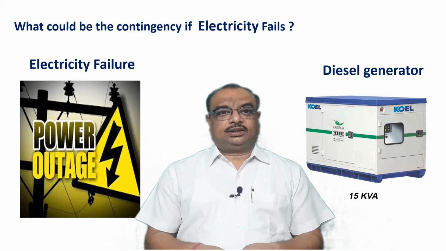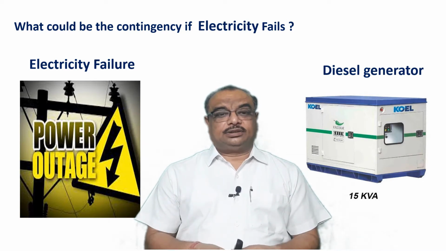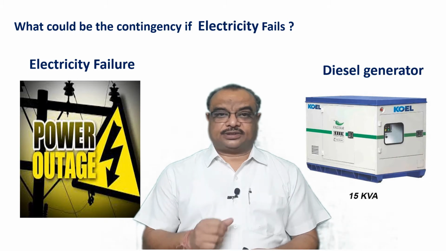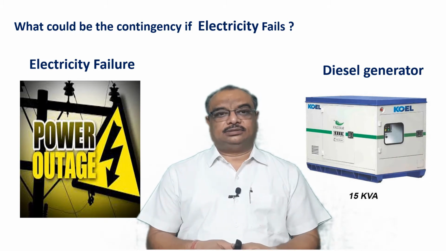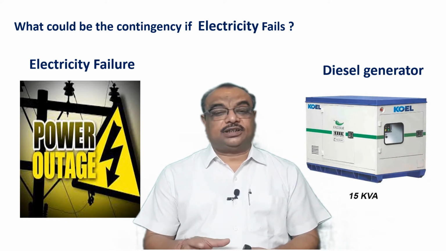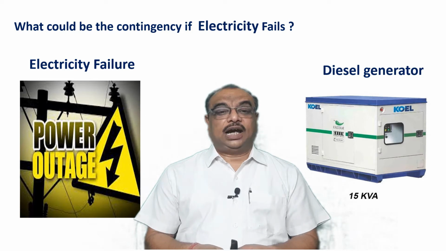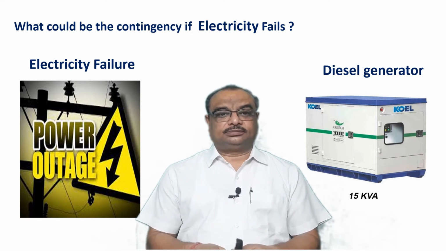Suppose the contingency for electricity failure. Now it is important to understand the manufacturing risk, and whether this manufacturing risk is external or internal. What are the risks if this electricity fails, and how many times do we observe that electricity fails?